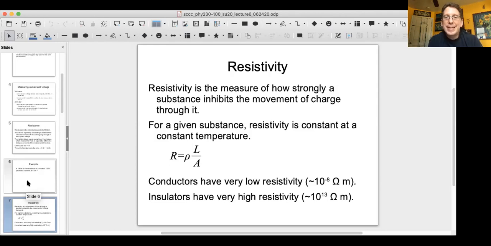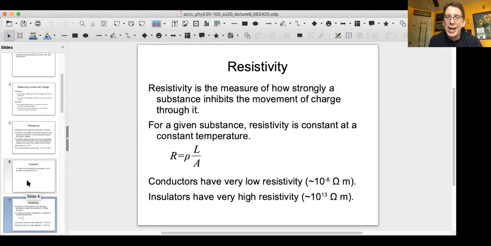The resistance is equal to the resistivity multiplied by the length of the resistor divided by the cross-sectional area. So the longer the resistor is, the more opportunity it has to take energy away from the electrons that move through it, and that increases the resistance.